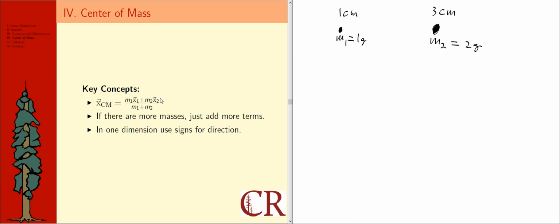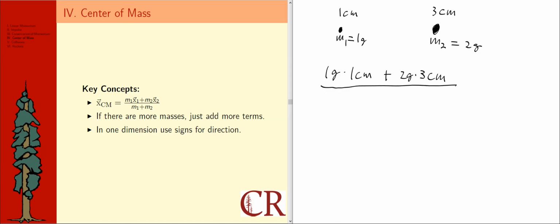So instead of just adding 1 and 3 and dividing by 2, I'm going to take 1 centimeter and multiply it by 1 gram. I'm doing this in this order because I'm trying to parallel what this formula says right here. I'm extemporizing this example. Then I'd add to that the 3 centimeter position of the second mass, weighted by the 2 gram mass that it actually has.